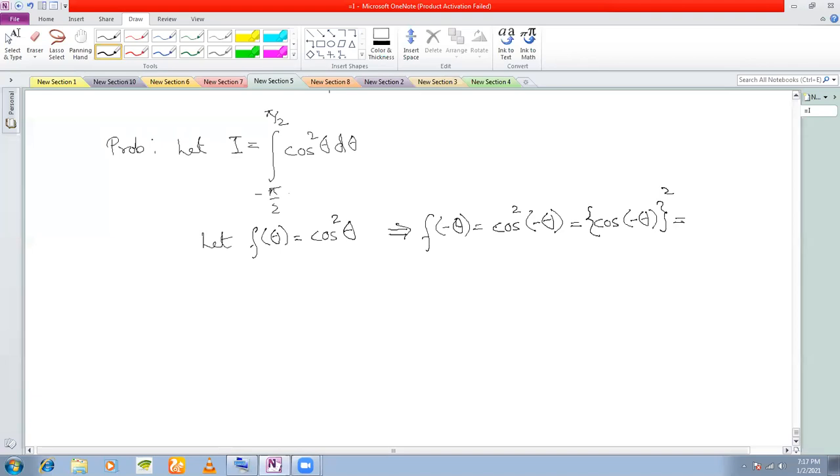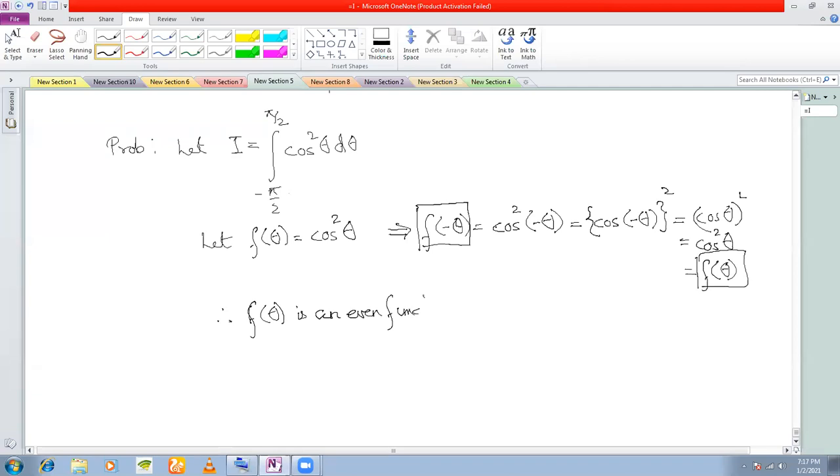So this is cos theta whole square, which is cos square theta. So what are we getting? F of minus theta, we are actually getting back f(theta), right? So I have shown here that f of minus theta is equal to f(theta). That means, therefore, f(theta) is an even function.